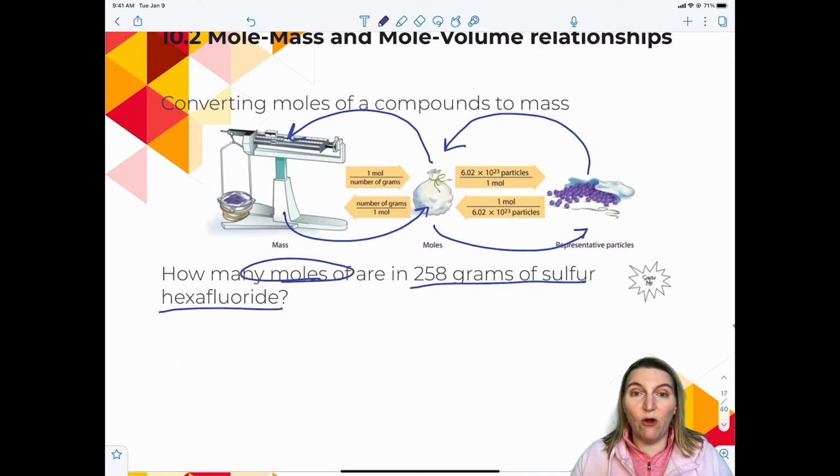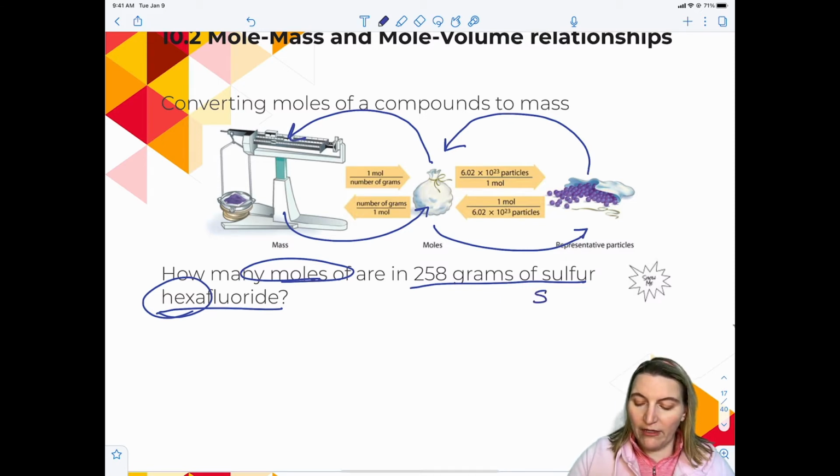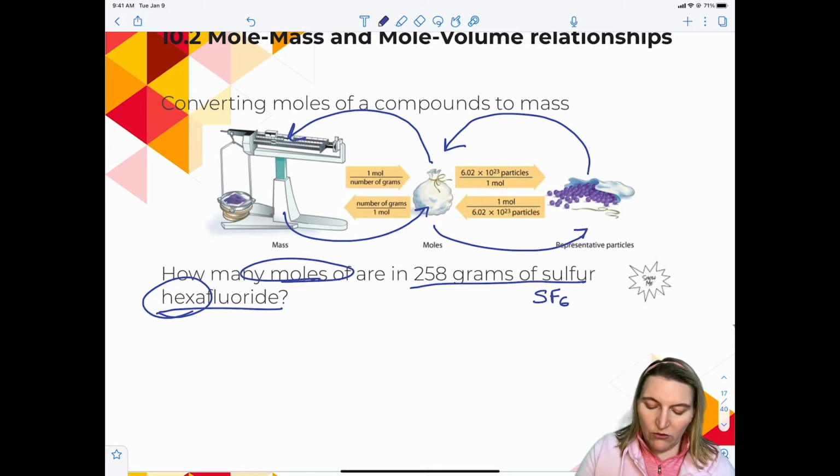So you need to know how to go back and forth between the two. So if you see a prefix in there, the prefix tells you how many, it's covalent. Sulfur hexafluoride is SF6.